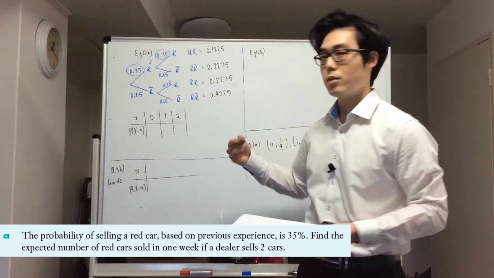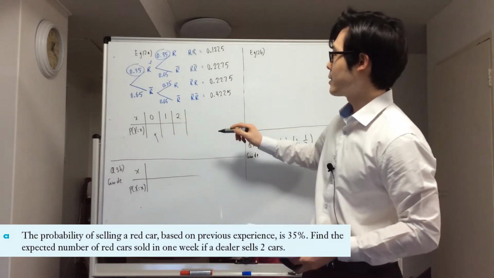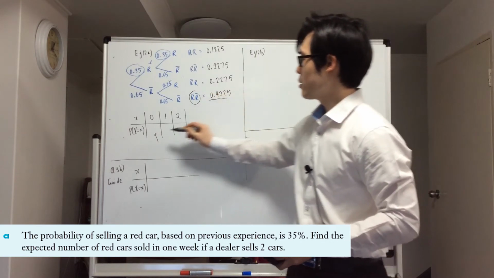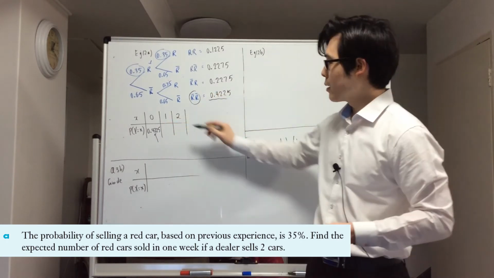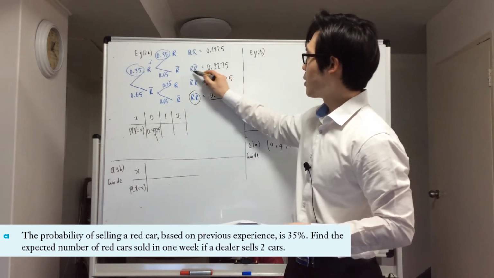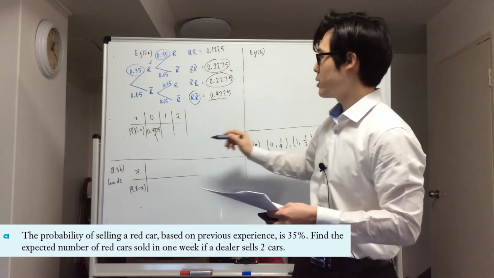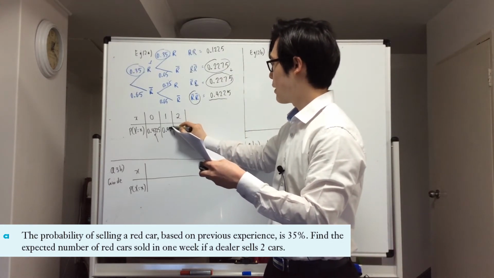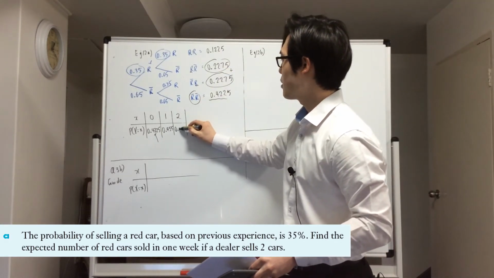So the probability of selling 0 red cars, as we can see, would be this number, no reds for both, so 0.4225. For 1 red car, that'll be these 2 numbers added up, which is 0.455. And for 2 red cars, obviously it's the top number there.